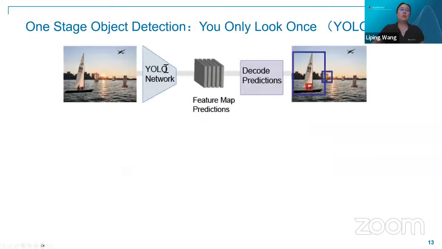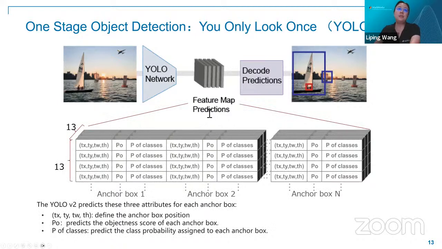So in this network, the first part is a YOLO network to generate the feature maps. Then the decoder is used here to decode the predictions, like putting bounding boxes around the objects that have been detected. The feature map here directly includes the attributes of each anchor box.